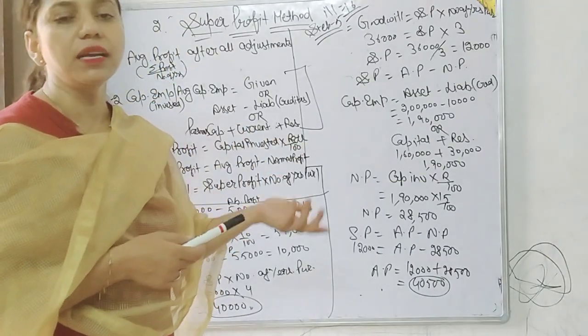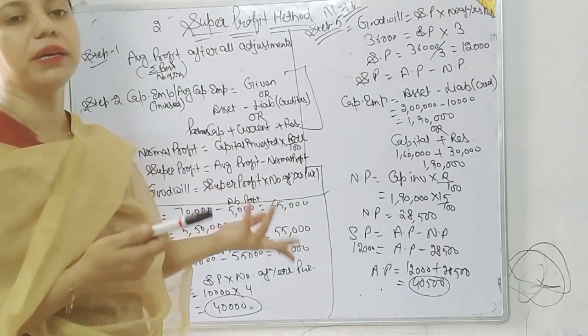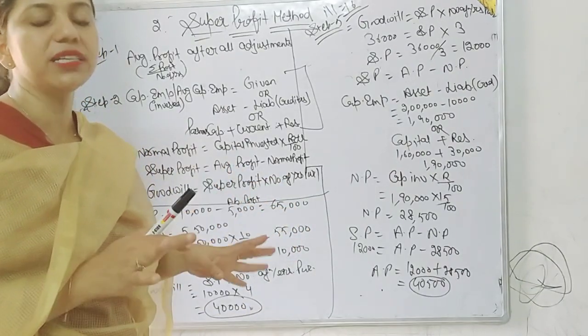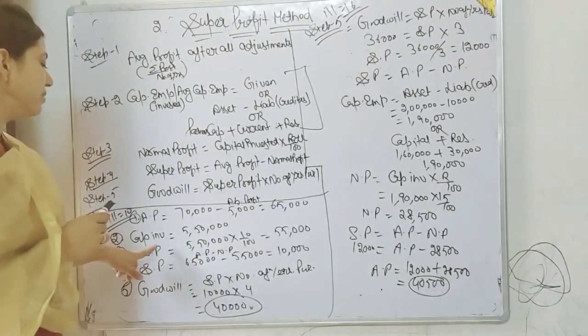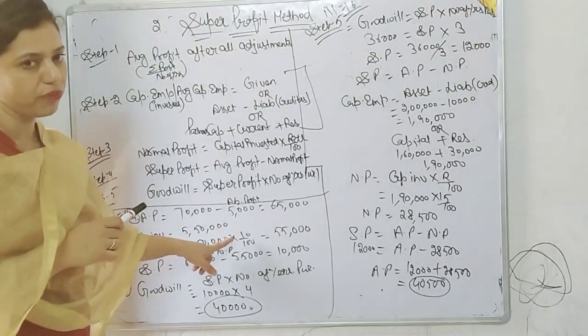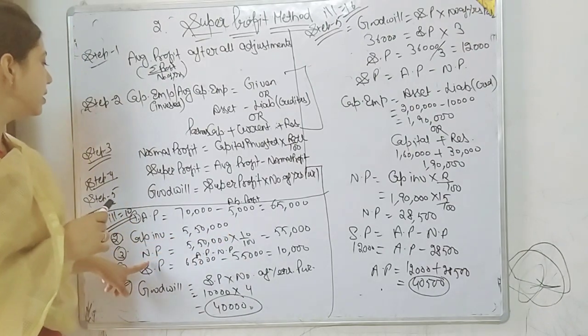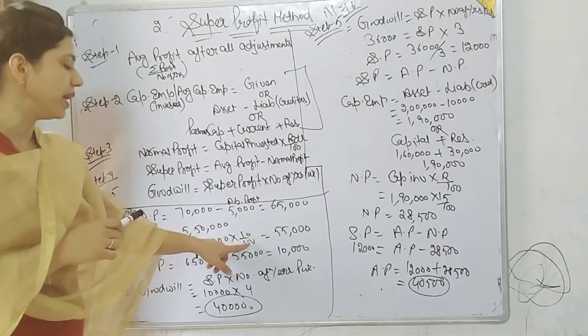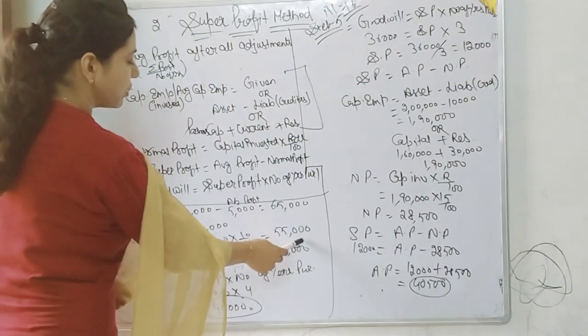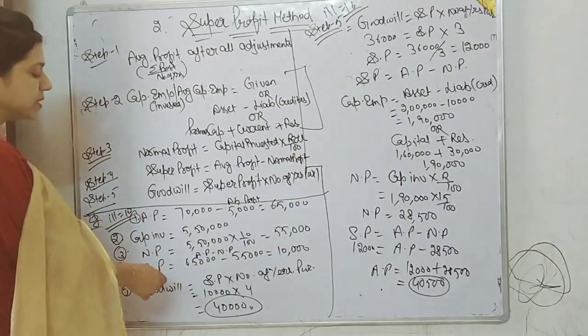As there is a single profit given, there is no need to divide it by the number of years. If many years' profits are given, then we should divide. Next, capital invested, which is given in the question, 5,50,000. Third step is normal profit, that is capital invested into rate by 100. That means 55,000.